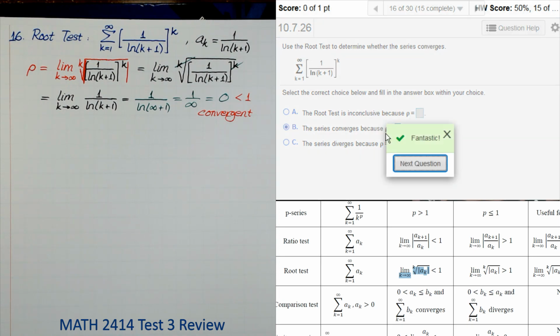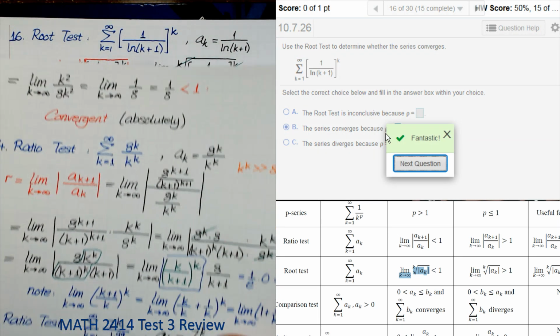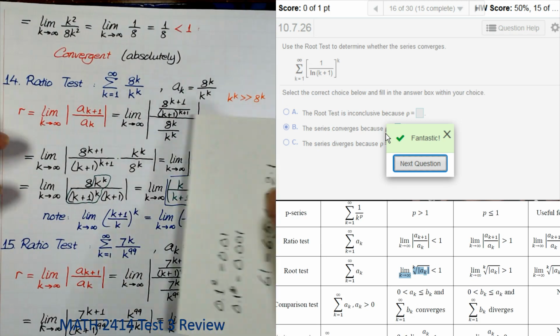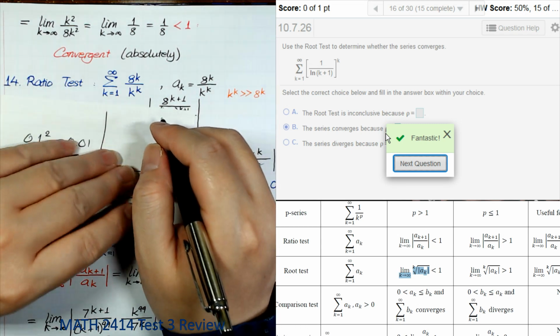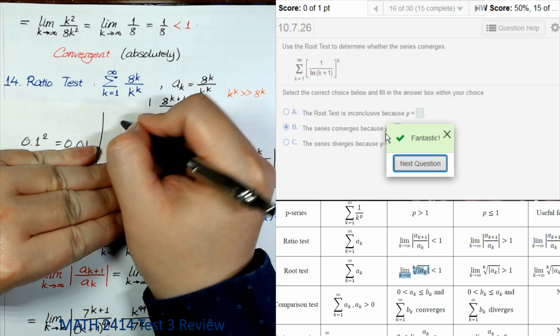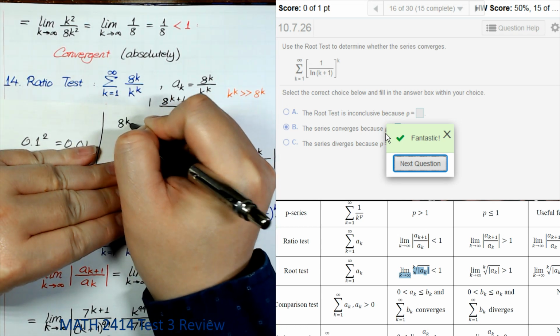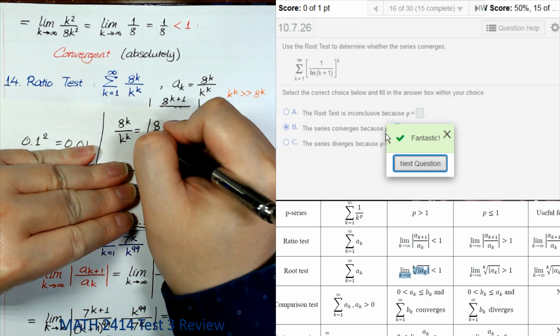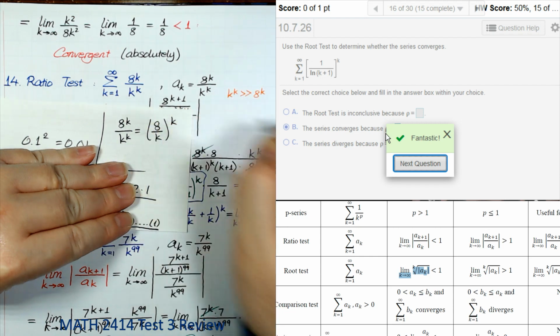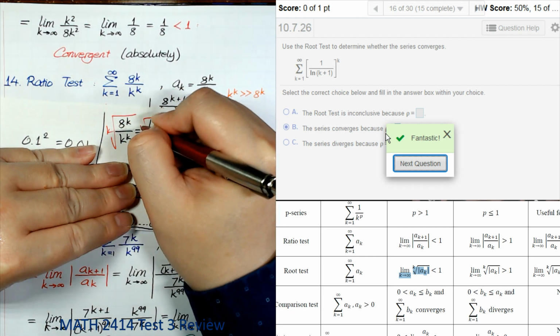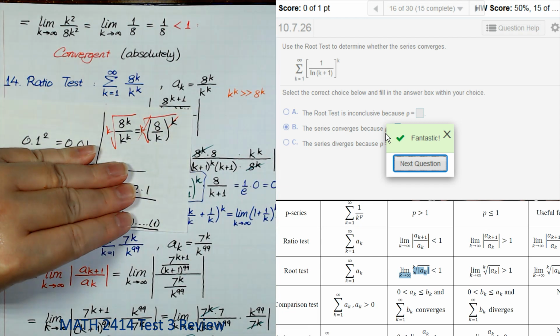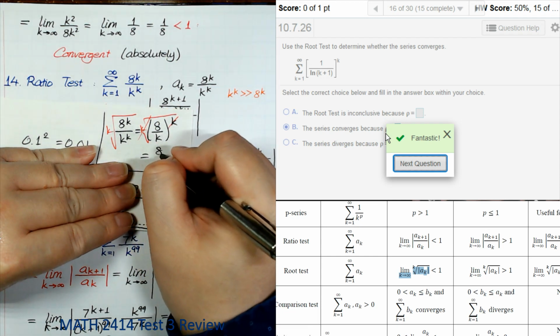Right. Now go back to 14 real quick. If we take the root of this, the root of a to the k, k to the k is equal to 8 to the k over k to the k. If we take the root test, that cancels out, and we just have 8 over k.